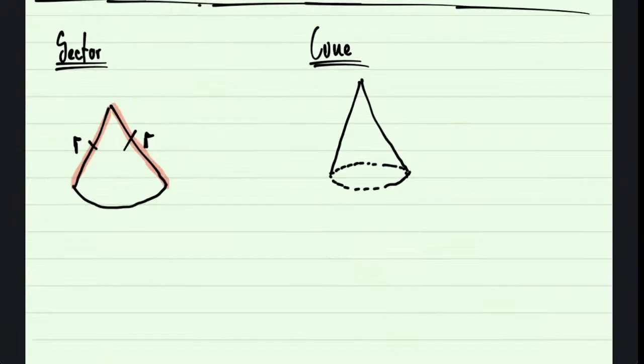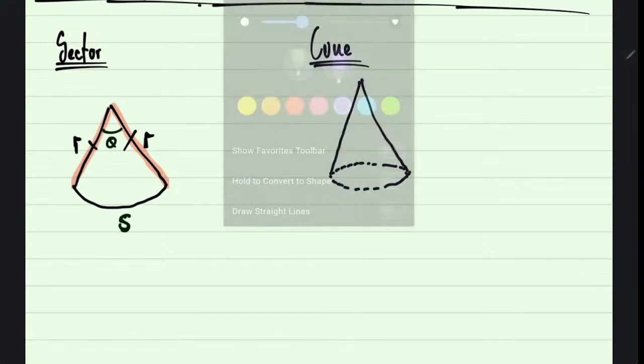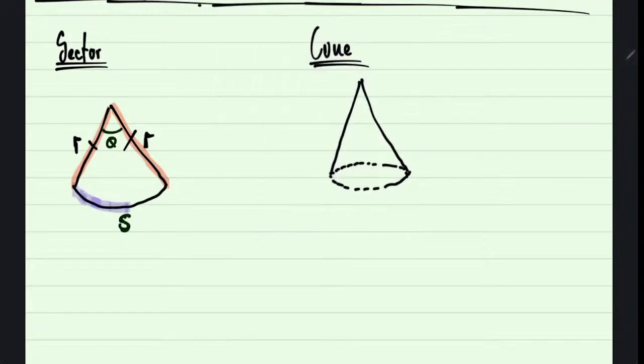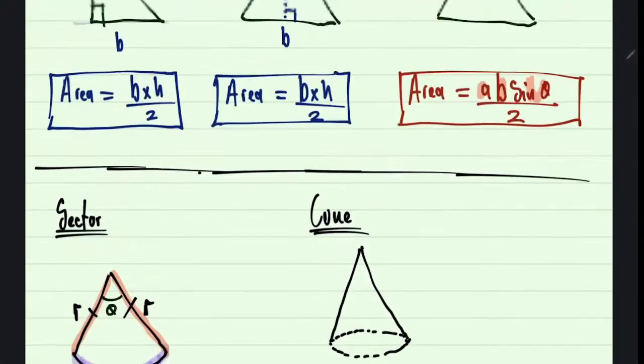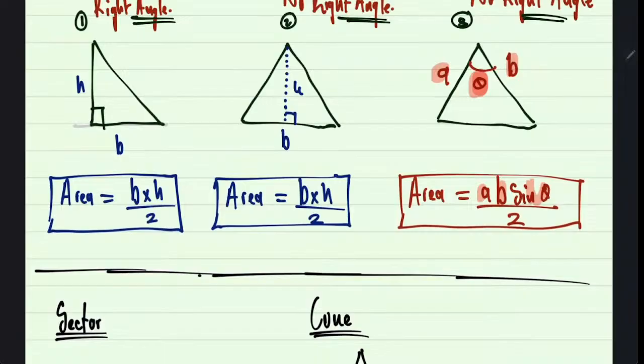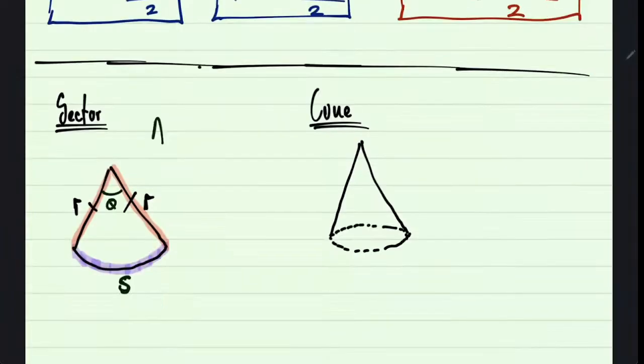For sector, what you must know is theta, R, R, and this third side is called S. So when you are dealing with a piece of pizza in maths, they will ask you the same types of questions they asked us for the three different types of triangles. They'll ask you to get area of the sector, rather, of this piece of pizza.